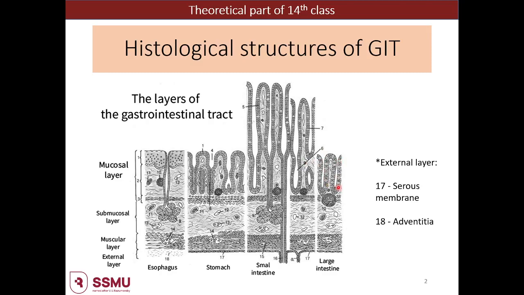So these are a few words about typical anatomical formations. Also, if we talk about the GIT system, we should remember the special lymphoid follicles localized in the small intestine, in the submucosal layer: Peyer's patches. Peyer's patches are accumulations of lymphatic cells in the intestine, and they are a very important part of the immune system of the small intestine.